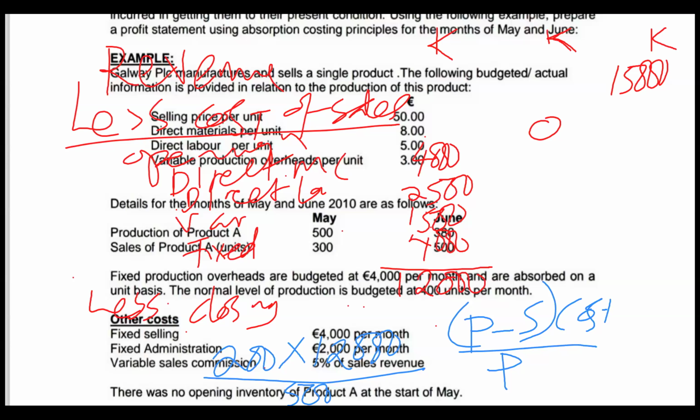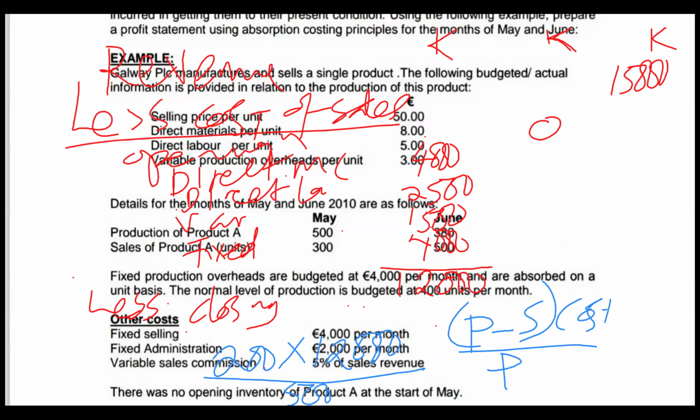You add those units, then multiply by the cost of production over the production units. That is how you find the closing inventory if you are going into another period where you have opening inventory. Okay, now let's proceed.